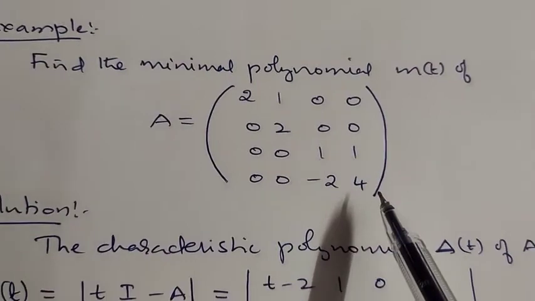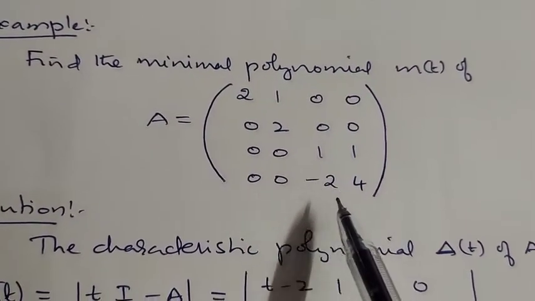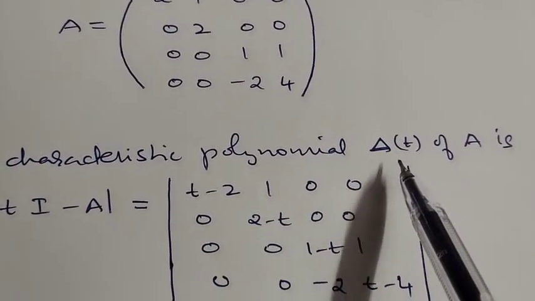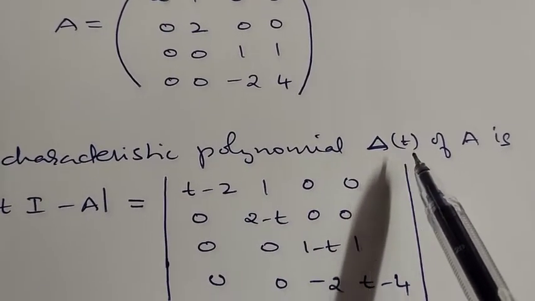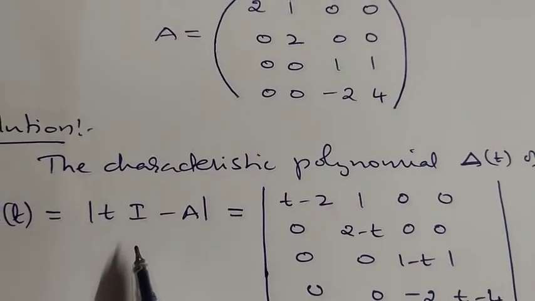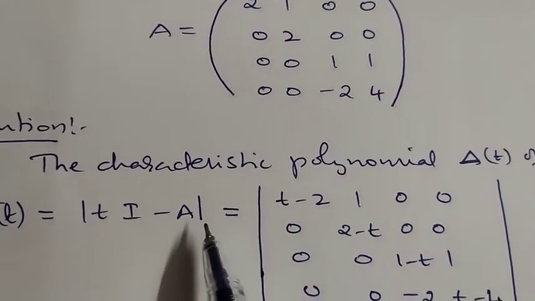Okay. So now what is the characteristic polynomial of A? Means the characteristic polynomial is usually denoted by delta of t of A, delta of t is given by the determinant of tI minus A.